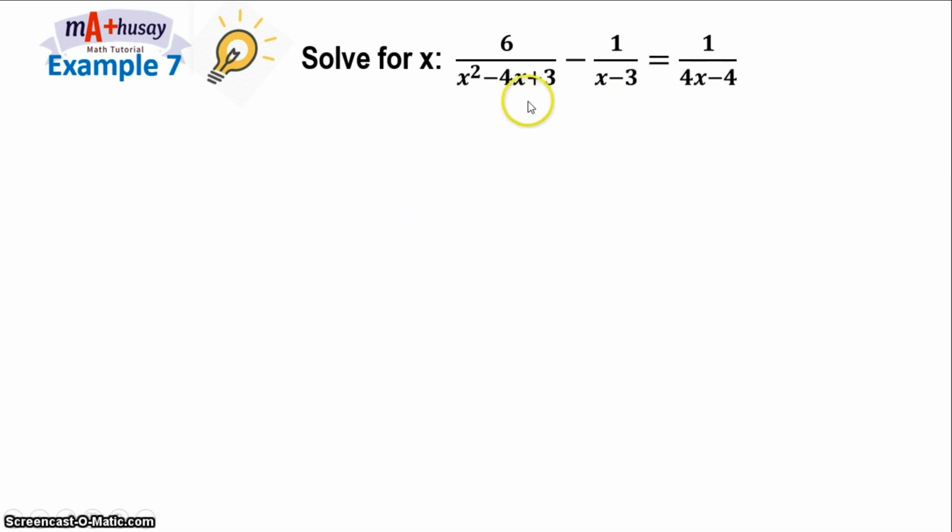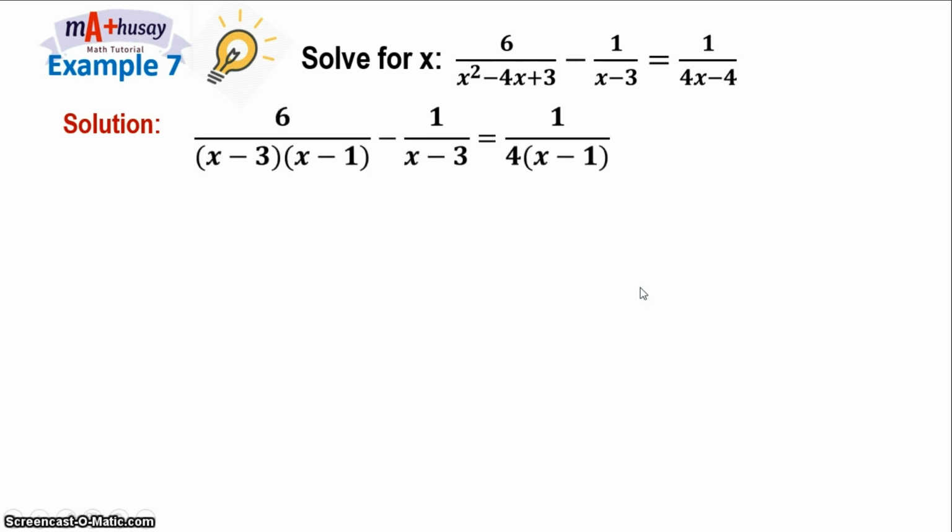So, in this case, mas pipiliin kong i-factored out muna lahat ng ating denominators para mahanap natin kung ano ba talaga ang LCD na ating i-multiply. So, in this case, pwede nating i-factor out ang mga denominator in this way.